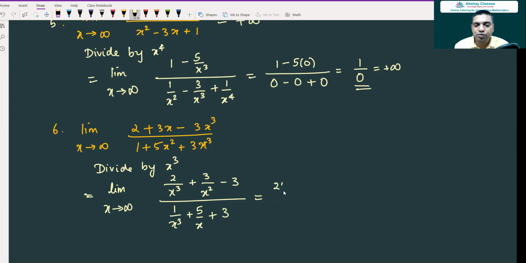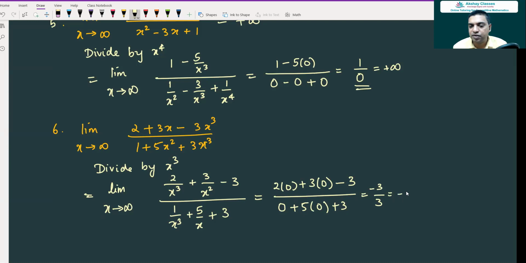So you get 2 into 0 cube, which is 0, plus 3 into 0, minus 3 by 0 plus 5 into 0 plus 3. So we are left with minus 3 upon 3, which is equal to minus 1.